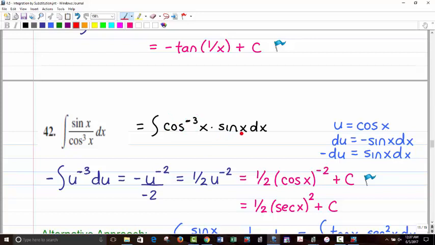The other has to be your du, because du can never be raised to a power. There would be no problem where part of your integral looks like du squared. That's nonsense, that doesn't mean anything.